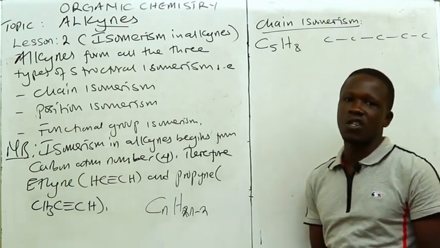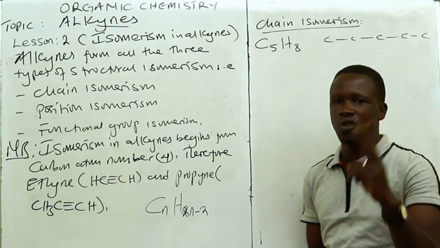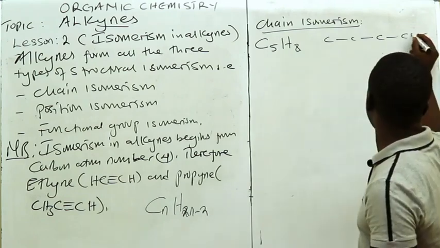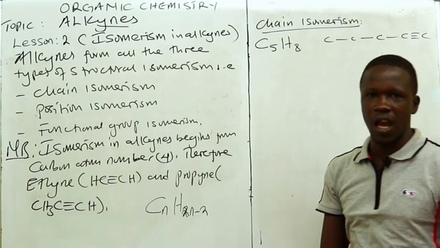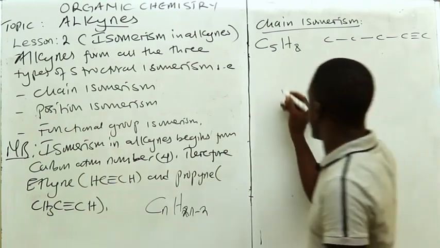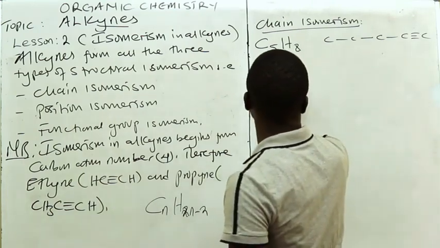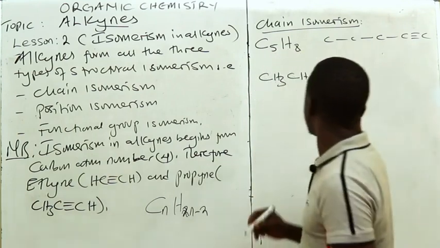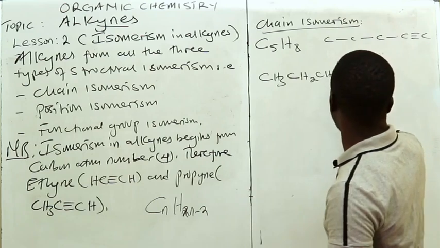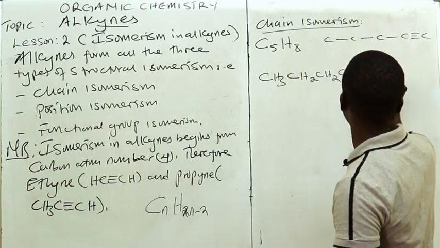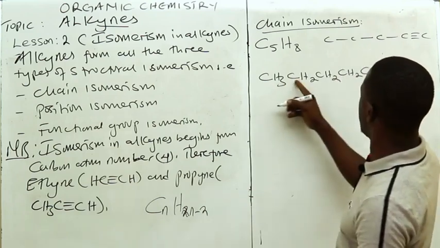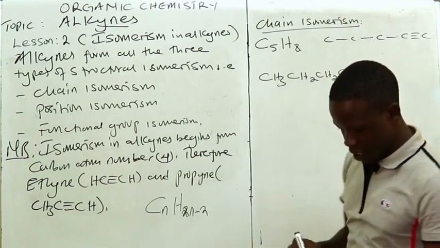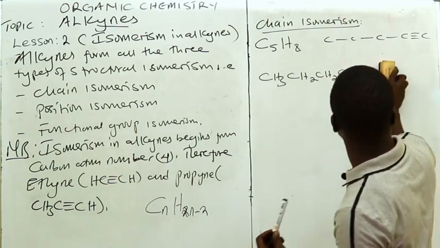So I'm going to place the triple bond at the last 2 carbon atoms. Then I get my first isomer as CH3, CH2, CH2. There are supposed to be 5, so we have CH2 and C triple bond. This is 1, 2, 3, 4, so we are supposed to put it in between the last 2.